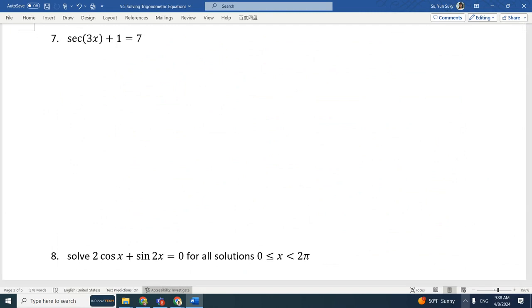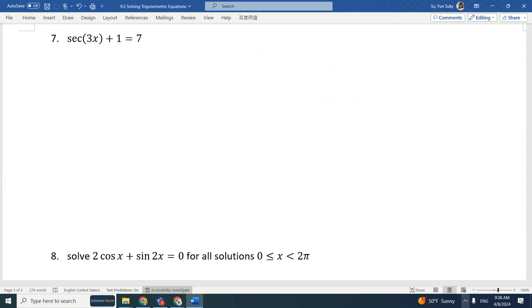First we check, are there more than one type of trig expression? No, only one type, the secant. How about the angle? Only the 3x. So good. Now we can solve for the secant.